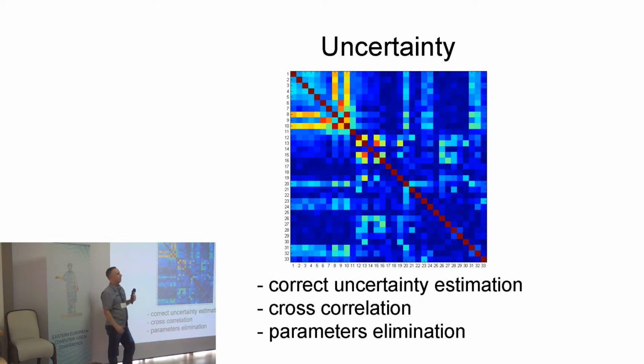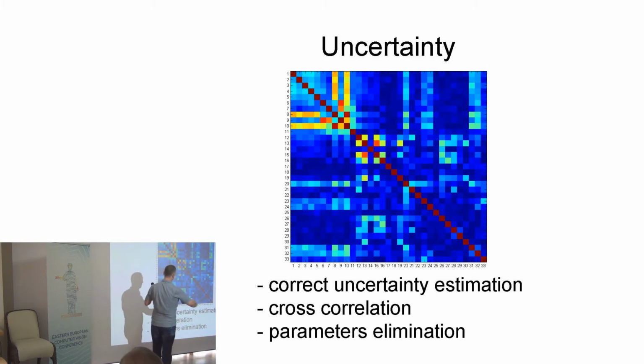From a math point of view, it's not correct. We should take the whole information matrix and sequentially eliminate all correlated parameters from it. It's done simply by Schur complement and so on.